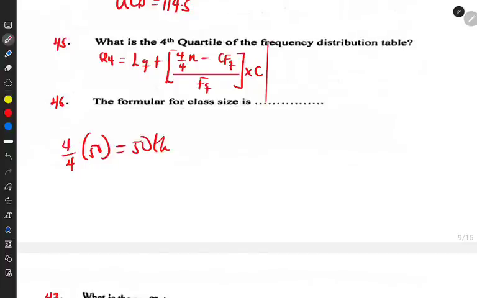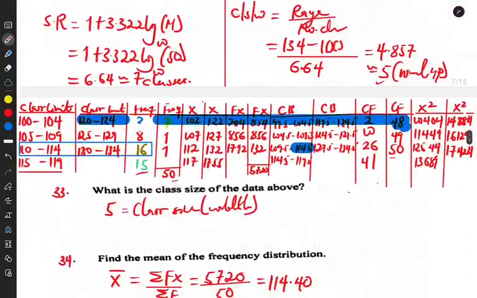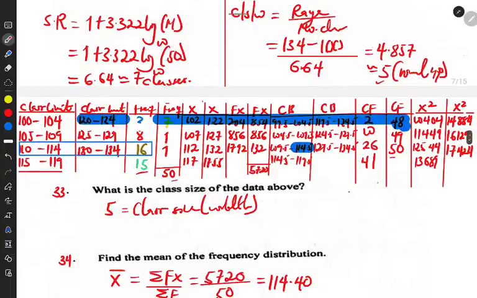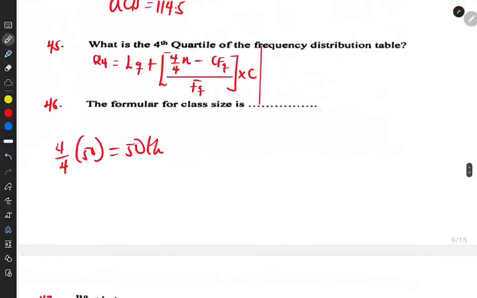So straight up, once we have that, that means that the lower class boundary of the last class, which is 130 to 134, is supposed to be 129.5. So we'll have here 129.5, okay, plus 4 over 4 by 50 minus the cumulative frequency, which is supposed to be 49.